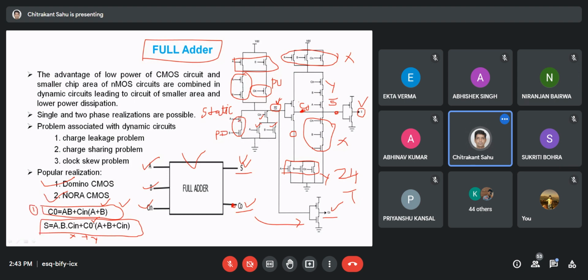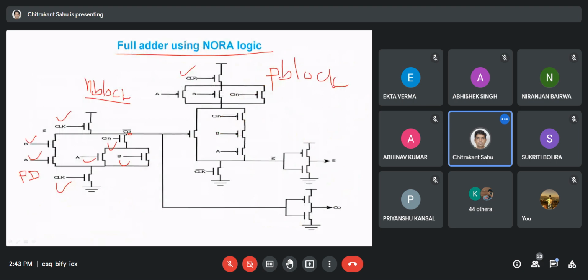We have A, B in series and A, B in parallel and C in. That will give the C out network. The P network has been made redundant, so it will give my output as C bar, right? And then if you want to take it out, you can directly go to C out.